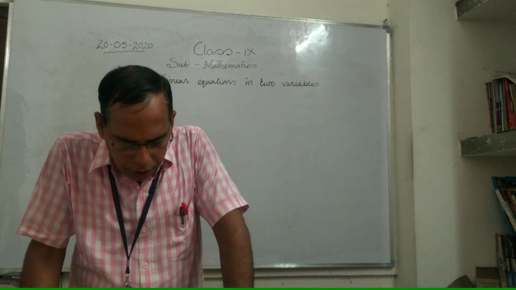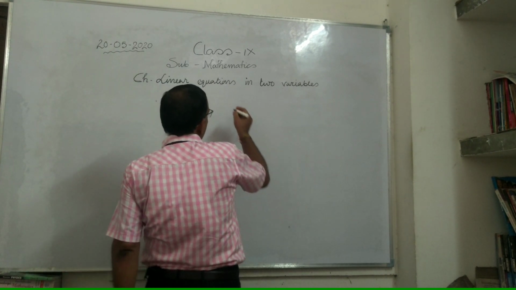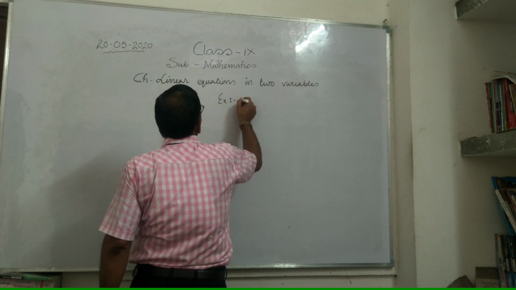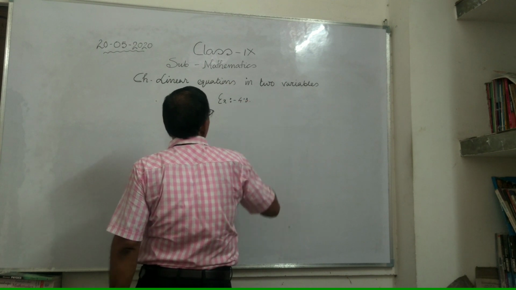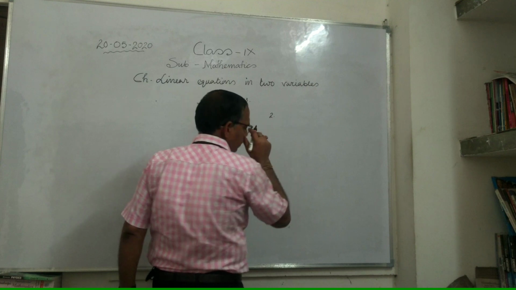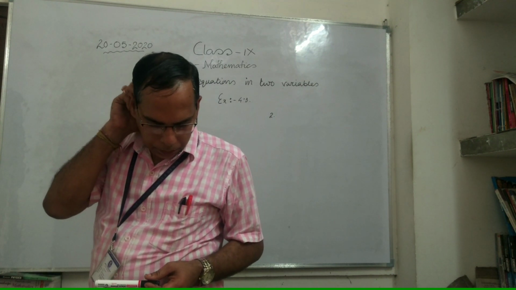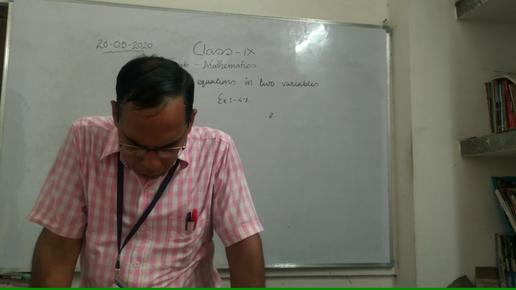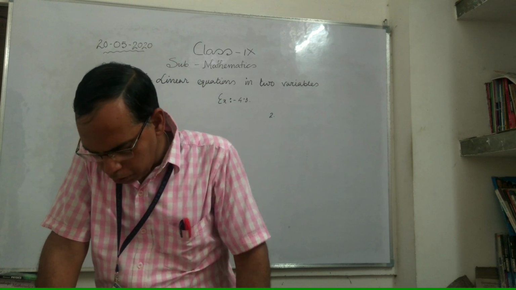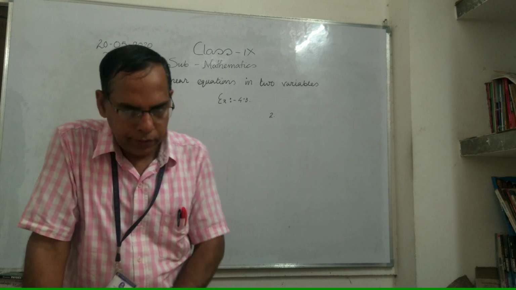So see your first question, that is Exercise 4.3, question number 2. In question number 2, you see: equation of two lines passing through (2, 14), how many more lines are there and why?